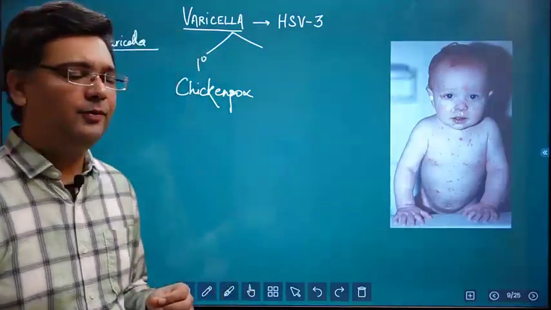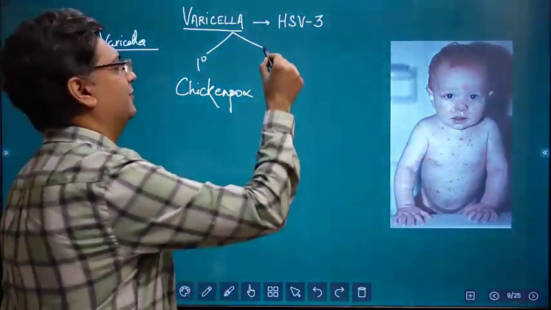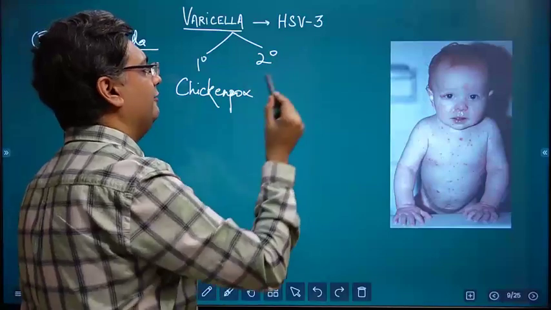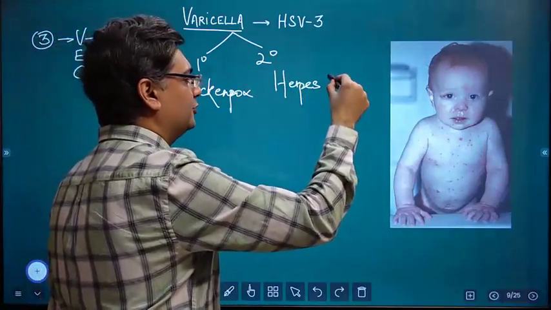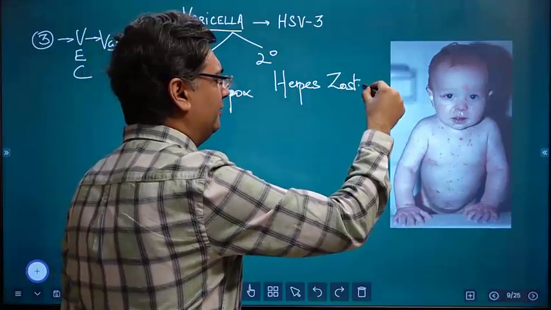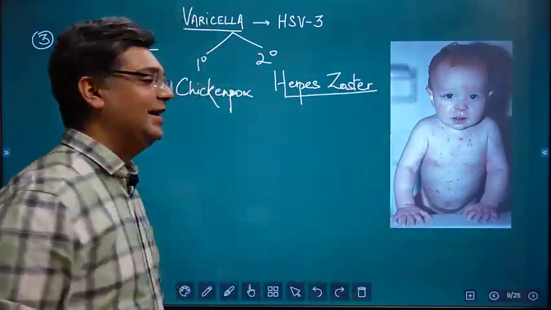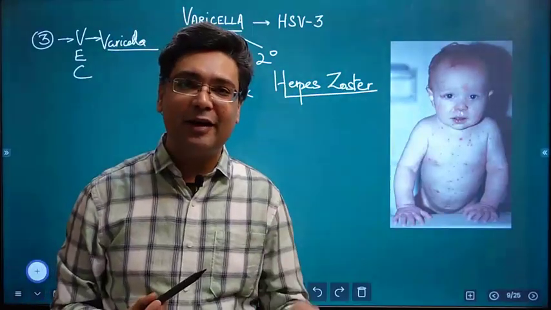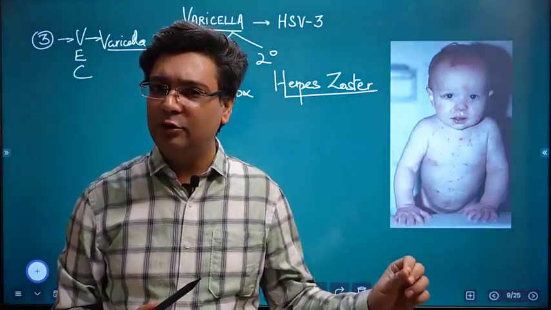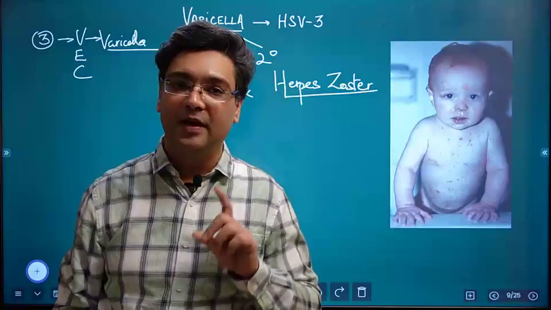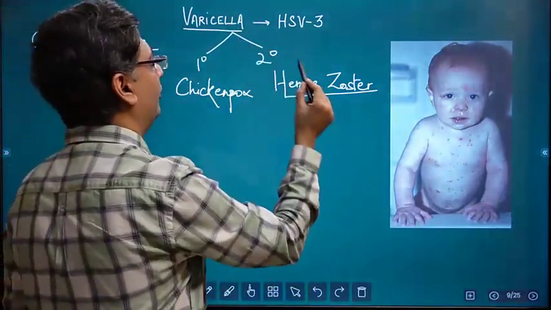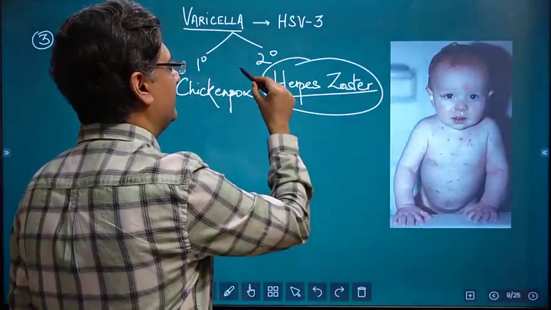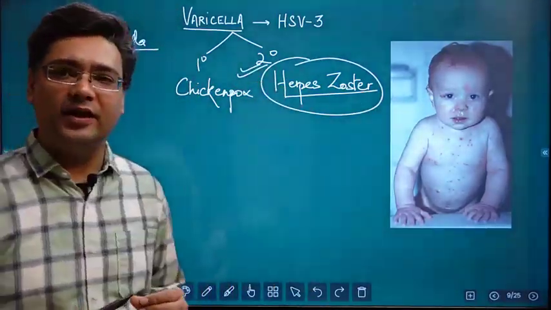Sometimes there is reactivation of this virus and a secondary infection can result, which is called herpes zoster. Now this must be a eureka moment for you, and you would never confuse herpes simplex 1 and 2 with herpes zoster, because herpes zoster is nothing but the reactivation of the varicella virus resulting in a secondary infection.